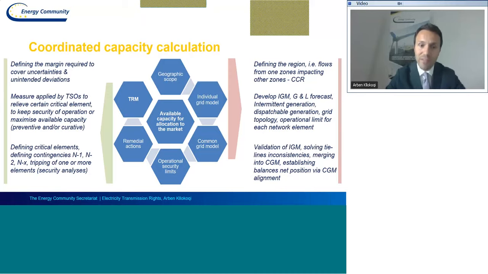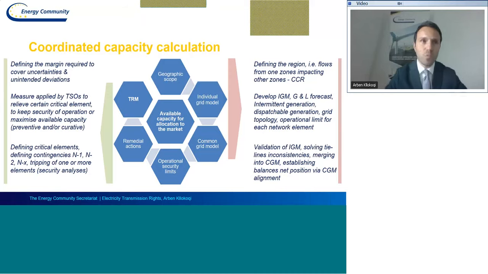And then also you have the remedial actions. It's a measure that is applied by the TSOs to relieve the overloading of certain elements and to keep the security of operation and sometimes also to maximize the level of capacity available. And in terms of remedial actions, you have the so-called preventive measures, and then also the so-called curative measures.